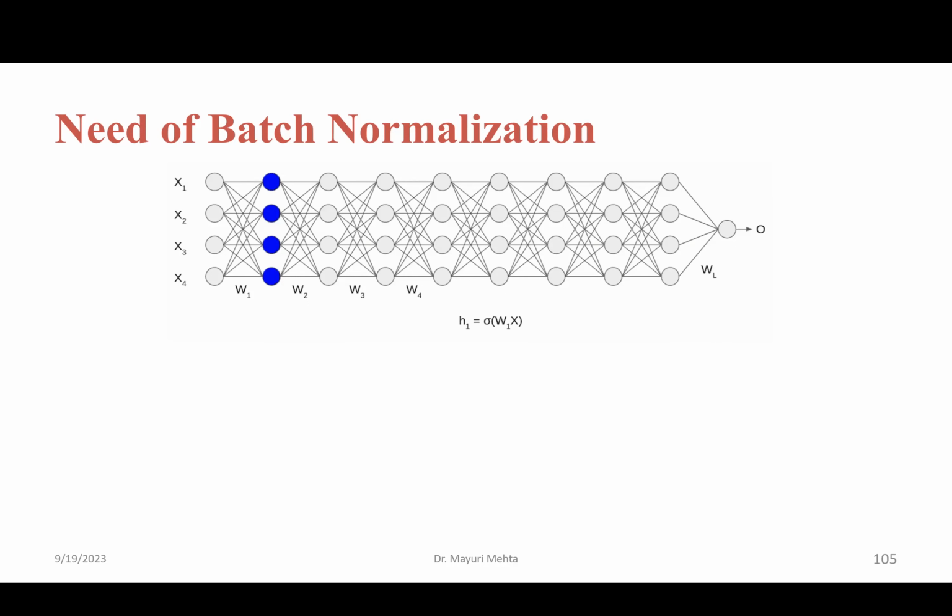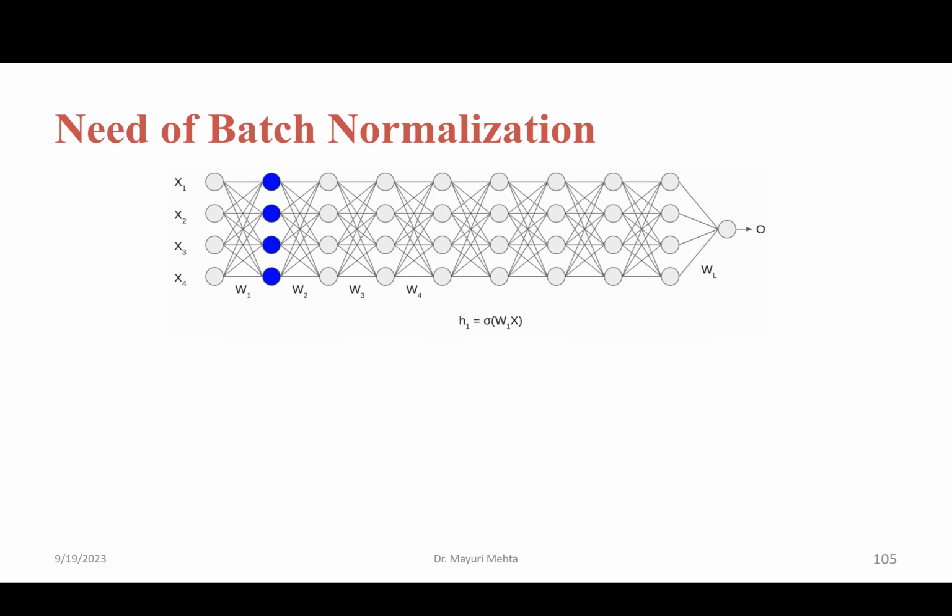Not only at this layer, but there are multiple hidden layers, as you can see in this diagram. At every layer this happens: the output from the first hidden layer is multiplied with the weight value, and again it is given to the activation function. So again your value is transformed.